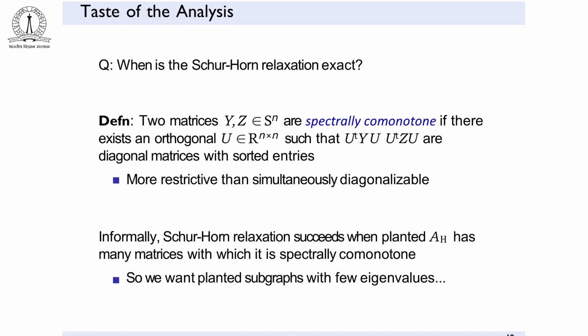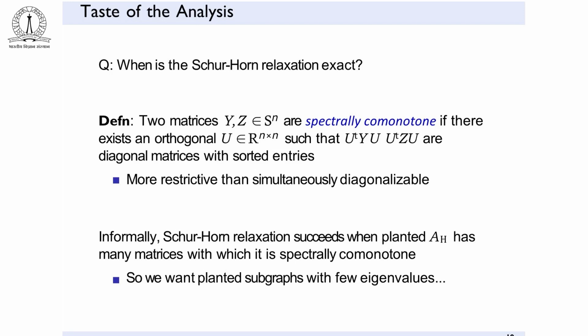Informally, and we'll have a theorem that says formally what happens, the previous relaxation that I wrote down succeeds when the planted adjacency matrix has many matrices with which it is spectrally comonotone.